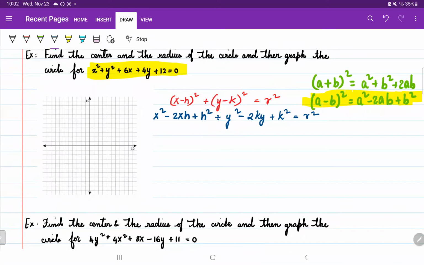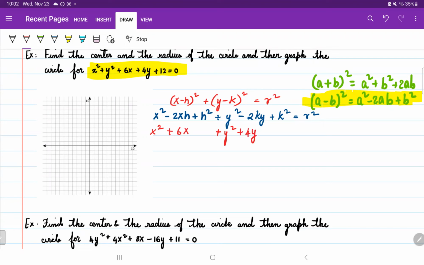Now let us write down our given equation. Let's put things down wherever they are, and then we will go to the next step. So here we have x squared. We have plus y squared. We have a plus 6x. We have a plus 4y.